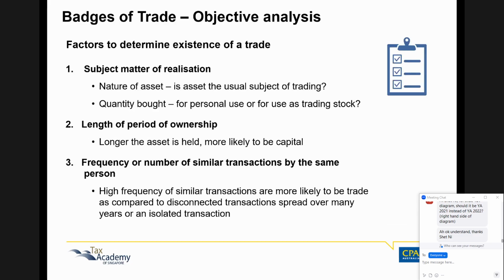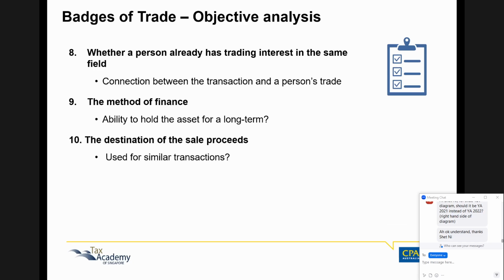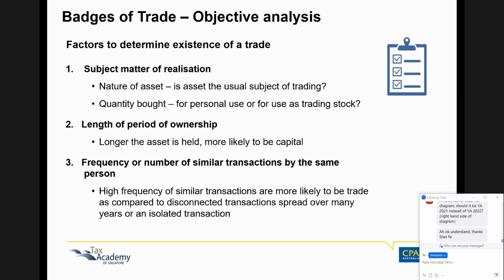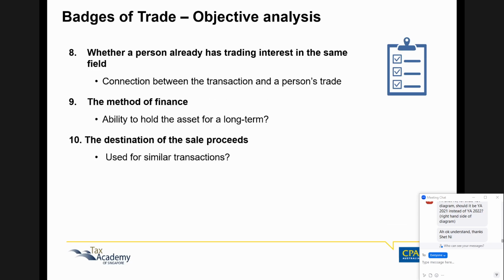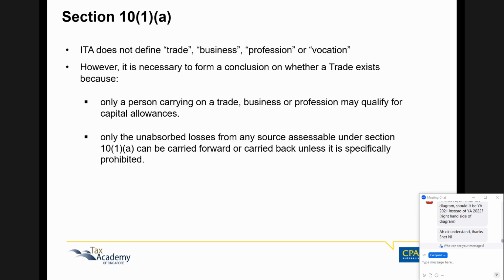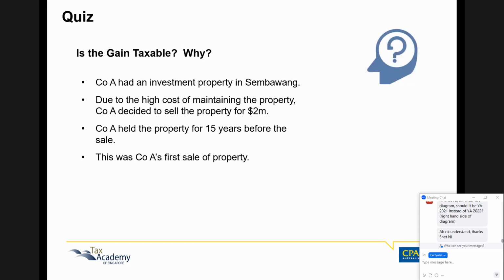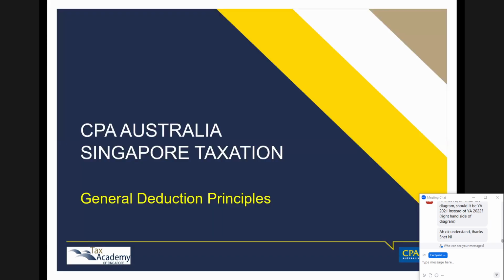Not taxable will be maybe capital in nature, things like that. Badges of trade, I won't have a whole question asking you to list all these items, but just know a bit generally. If there's any, it will be in those short questions, 0.5 marks, and I don't expect a lot.